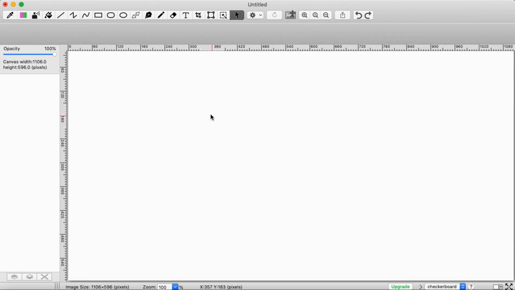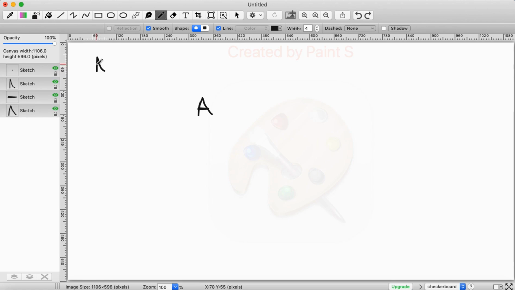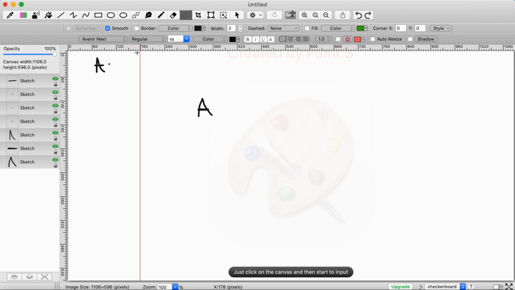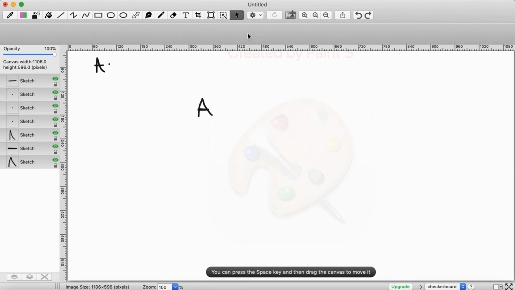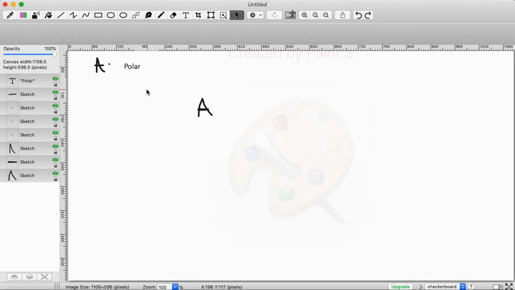So when you have, we're going to call it a molecule, and one part of it we're going to call A. A is the polar.